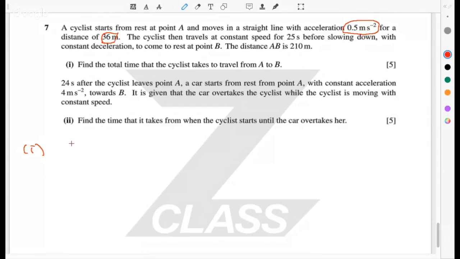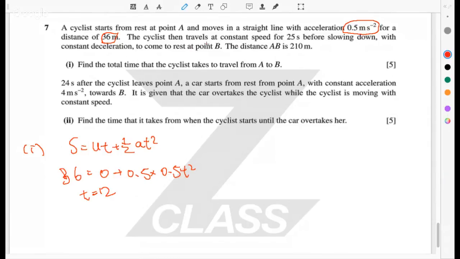We can use s equals ut plus a half at squared to find t. So 36 is equal to 0 plus 0.5 times 0.5 t squared. And that will give you t equals 12.